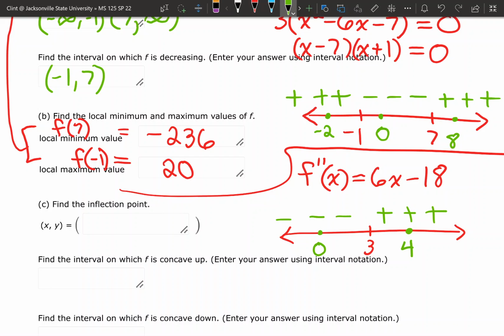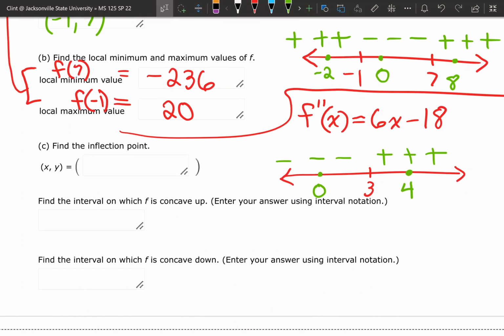Wherever our second derivative is negative, it's concave down. Wherever our second derivative is positive, it's concave up. And anywhere the concavity switches, that x value is an inflection point. So we're concave up where? Three to infinity.